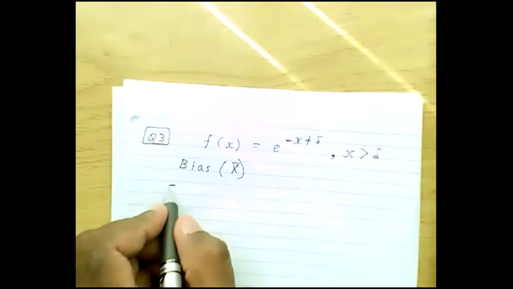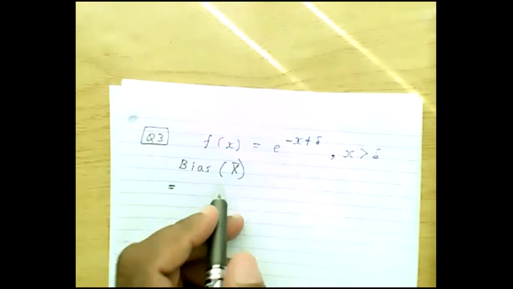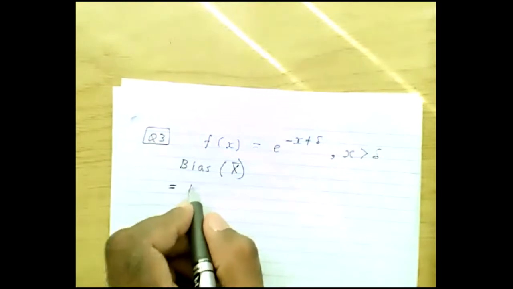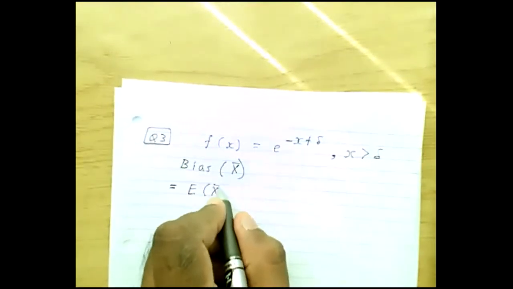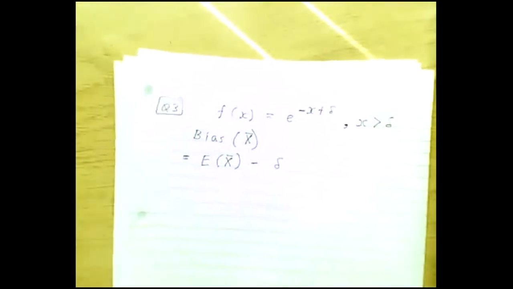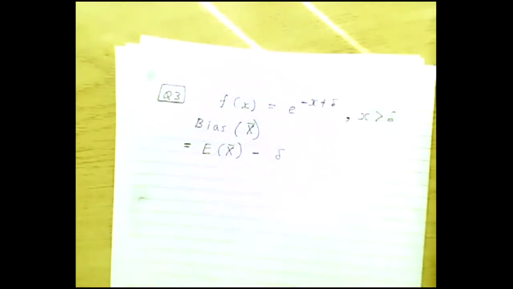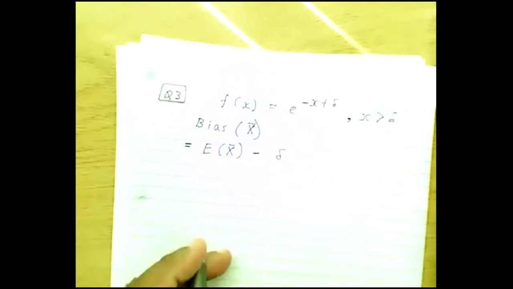Now remember I did about 20 questions on this a while ago. The bias is defined as the expectation of the estimator minus the parameter that you're trying to estimate. So this is the expectation of X bar minus delta. Okay, guys, so let's see how we can do this.